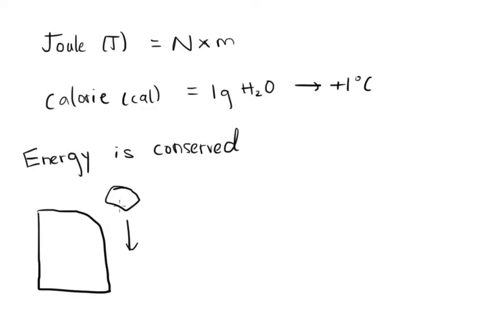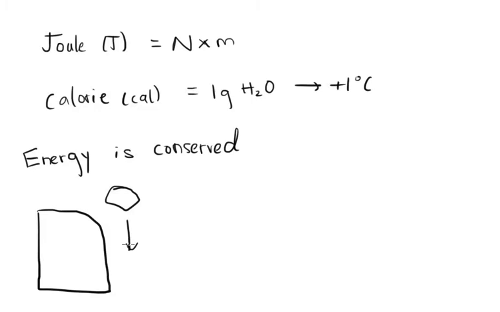So all the energy will be potential energy at the top. However, as it accelerates downwards, more and more of that potential energy is being converted into kinetic energy. So no new energy is being created. It's just part of that energy is being changed.